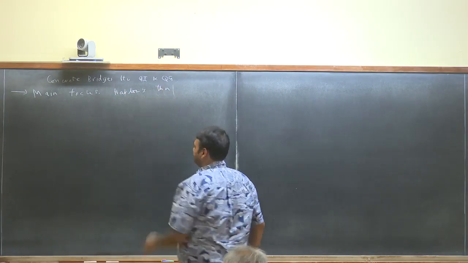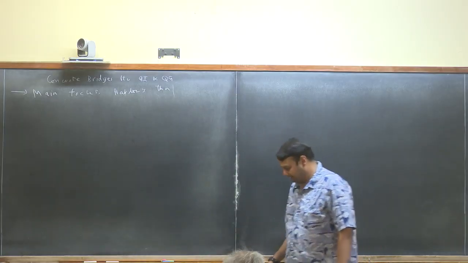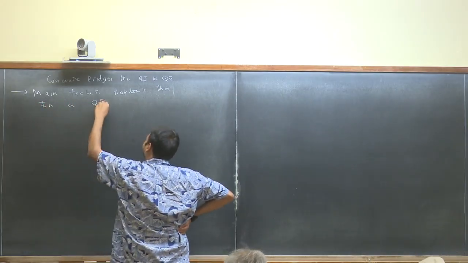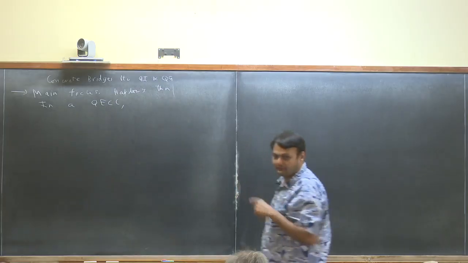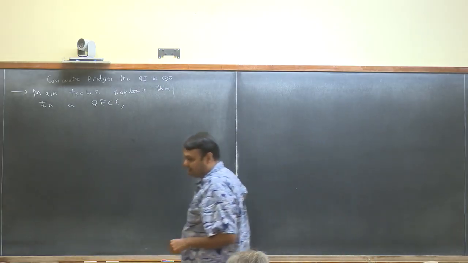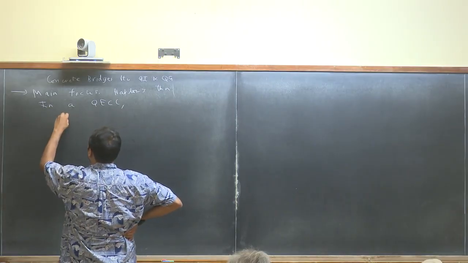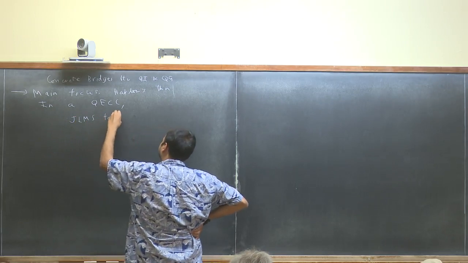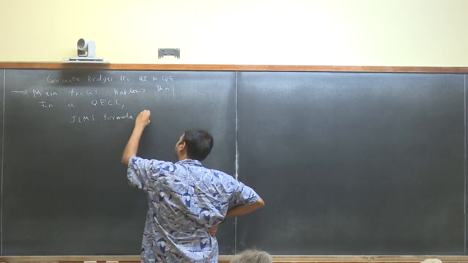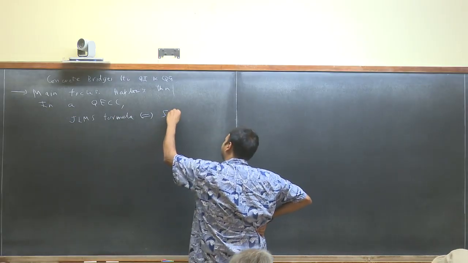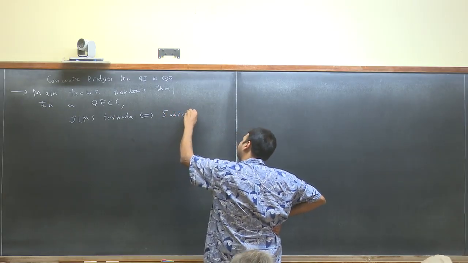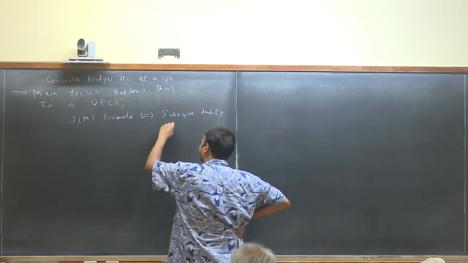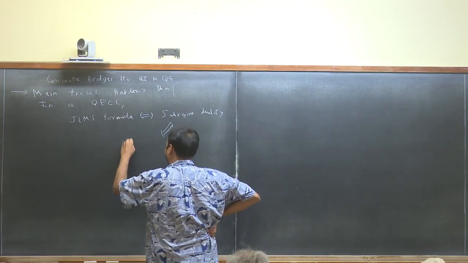Okay. What this theorem says is basically, in a quantum error correcting code, okay, QECC means quantum error correcting code for me, what is known as the JLMS formula, I will explain what these words mean soon, is the same as subregion duality, is the same as the RT formula.